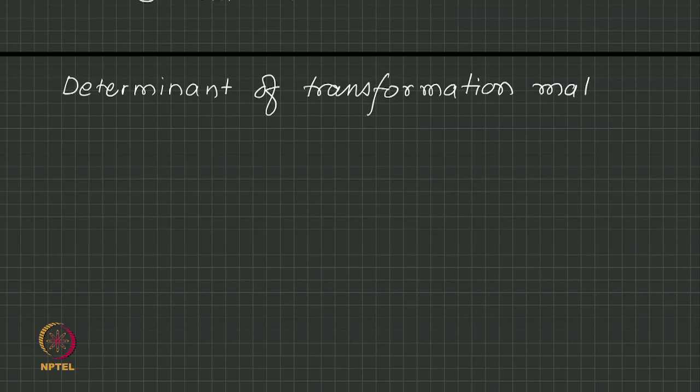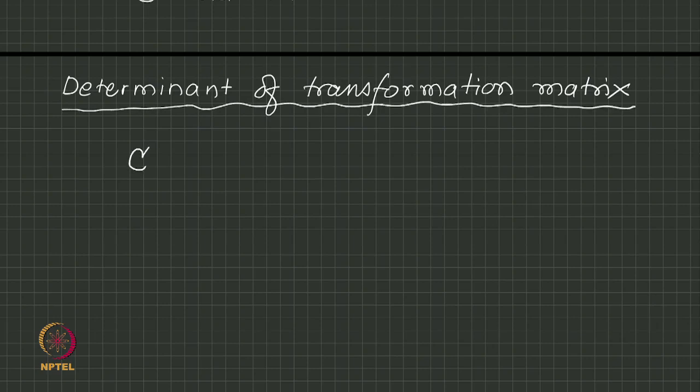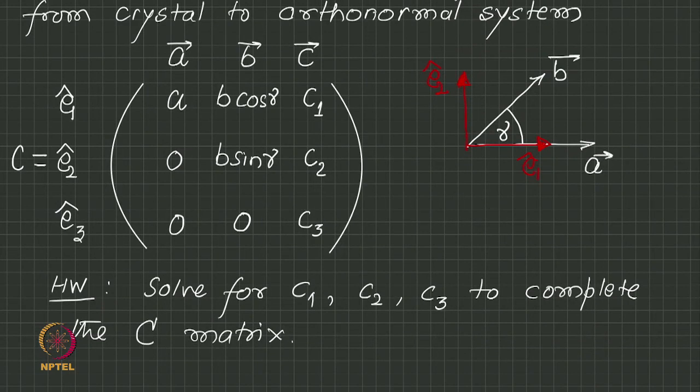What is the determinant of the C matrix? So, what does that represent?